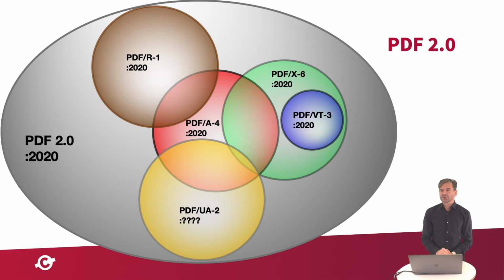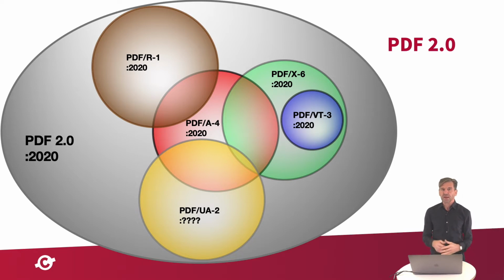And that is the one thing, the first thing that I want to emphasize here. For the first time, these standards have been developed more or less with at least an overlap of people in it. And we made sure that wherever possible, they literally use the same text. So for instance, the font section is exactly the same in PDF A4, in PDF X6, and when it comes out in PDF UA2.